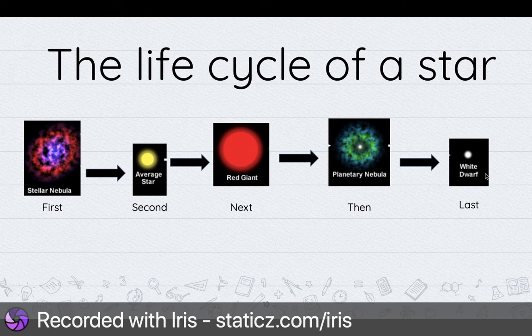Last, white dwarf. 1, 2, 3, 4, 5. There are 5 stages of a star. Let's look at each of them one by one and see what they all mean.